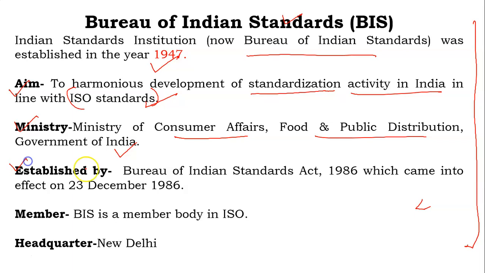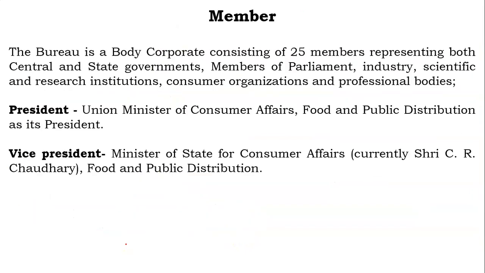It was established by the Bureau of Indian Standard Act 1986. It came into effect on 23rd December 1986. One most important information is that BIS is a member body of India in ISO, and its headquarters is located at New Delhi.